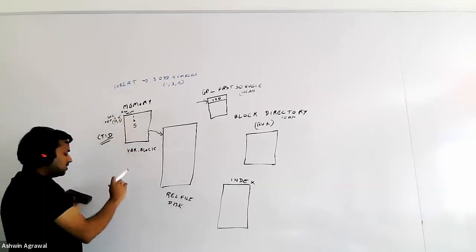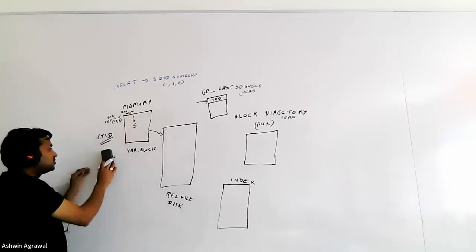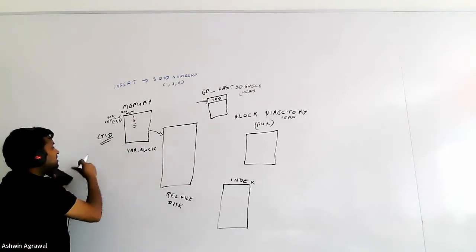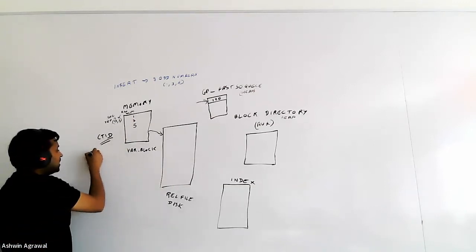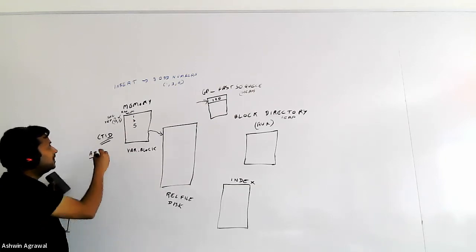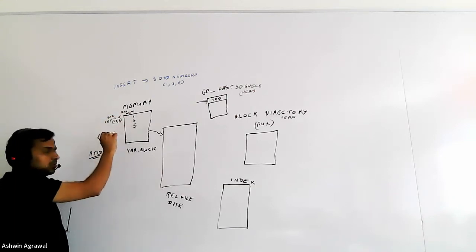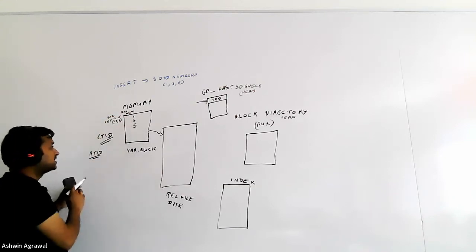That's the CTID for all other systems, but within AO code, this is also referred to as AO tuple ID. So AO tuple ID has this format of AO seg file and AO row number. That is how the CTID field is split across.